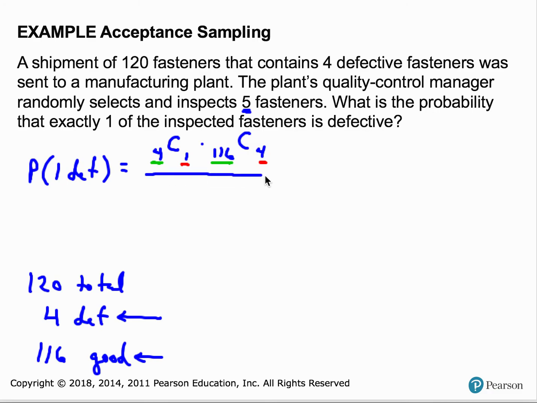And then it's over, just what's the total ways you can reach in and grab 5 out of that 120? Well, that's 120 choose 5. So on the bottom, it's just any way you can get 5 out of the 120. But on the top has to represent your event. You're choosing one defective, so it has to come out of the 4 broken ones. But because you've grabbed 5, that means the other 4 came out of the other 116.